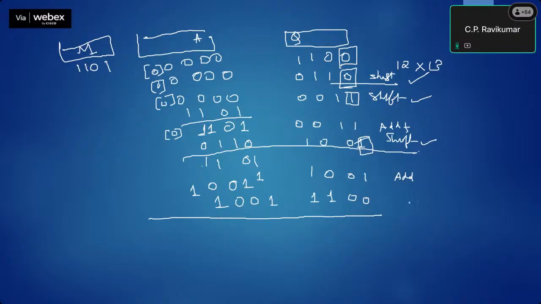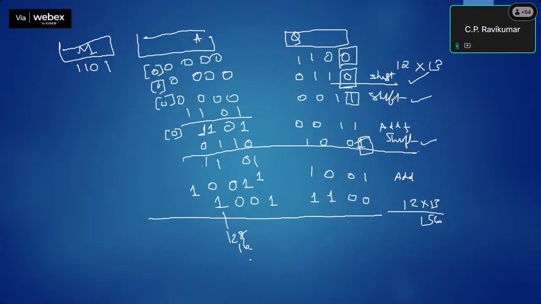When you multiply 12 by 13, 12 threes are 36, 12 ones are 12. 12 plus 3 is 156. Here we are seeing 1001. Its weight is 128. This guy is 16.